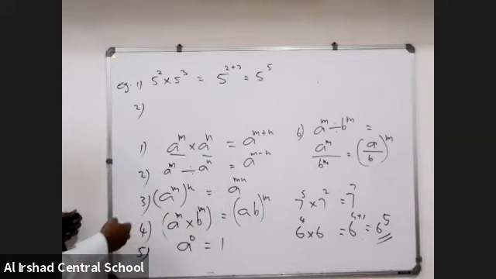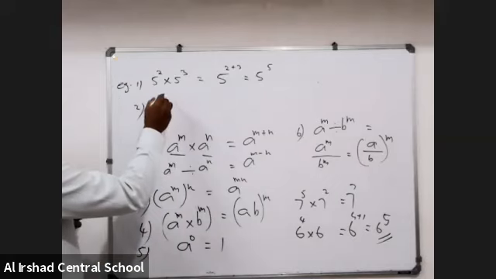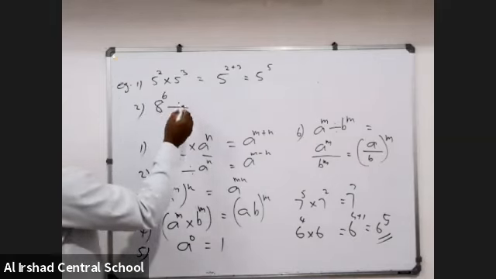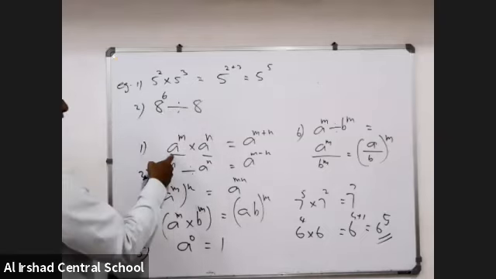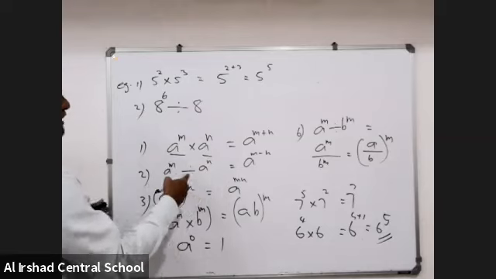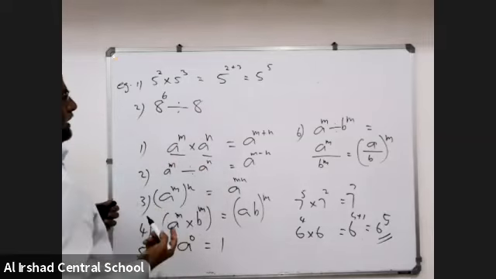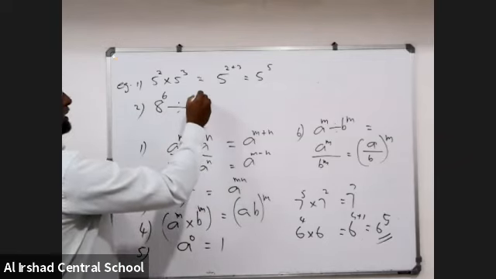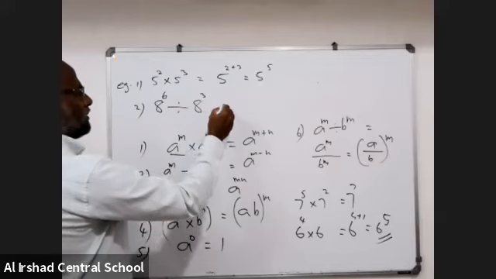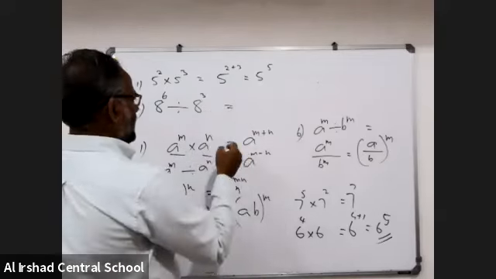Now, a raised to m divided by a raised to n. I can take any number: 8 to the power of 6 divided by 8, it must be 8. Don't write any other number. Base must be the same, but the exponents are different. Doesn't matter. Suppose I am writing here 3. Here, what is a?